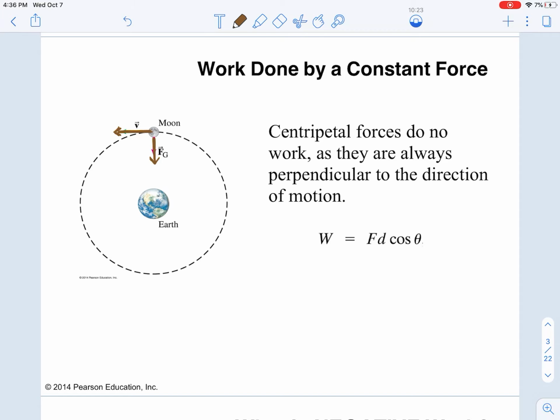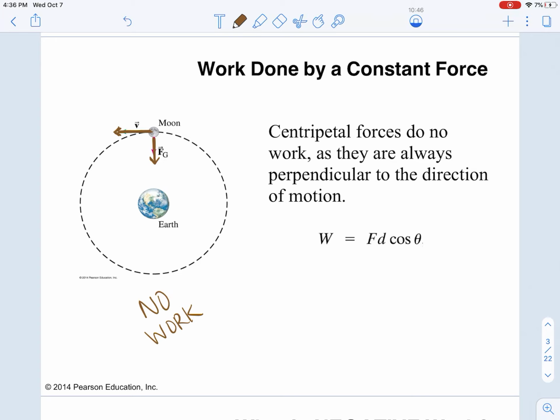So once again, this becomes a situation where there is no work done on the moon by the Earth. So if I were to ask you, yes or no, is the Earth performing work on the moon? The answer is no.